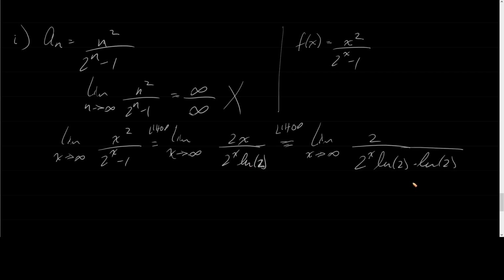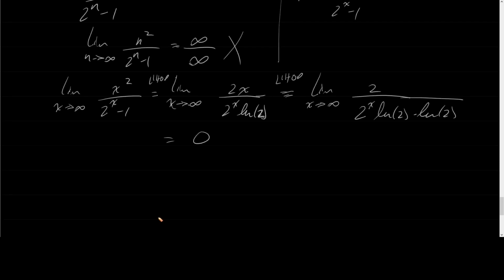Alright, and now here we have the top is just 2, the bottom is going to infinity, so overall it goes to 0. So that limit for the real variable went to 0. So that tells me now that the limit for the sequence of n squared over 2 to the n minus 1 is also 0.